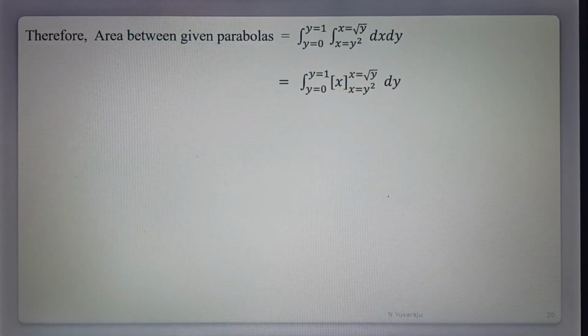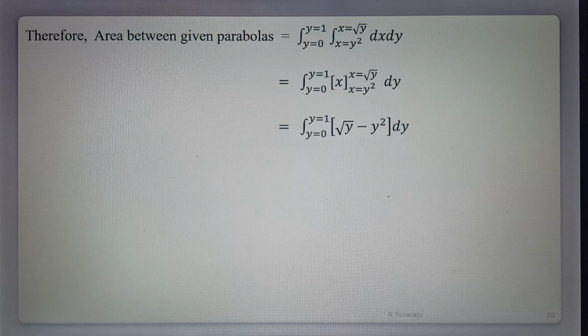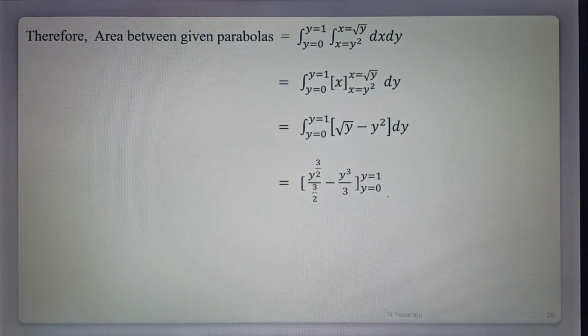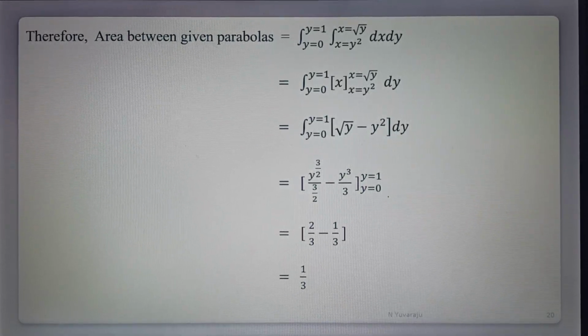So integration y is equal 0 to 1, x limits y square to root y, gives integration y is equal 0 to 1 of root y minus y square dy. Integrating with respect to y: y power 3 by 2 divided by 3 by 2, minus y cube by 3, limits 0 to 1. So 2 by 3 minus 1 by 3, that is equal to 1 by 3. So this is the required area between the given two parabolas.